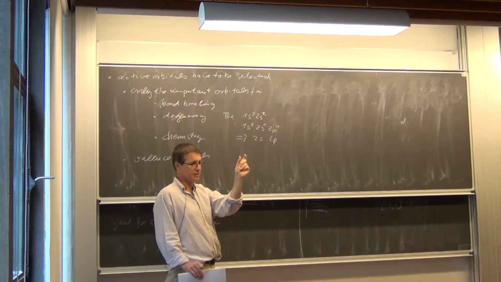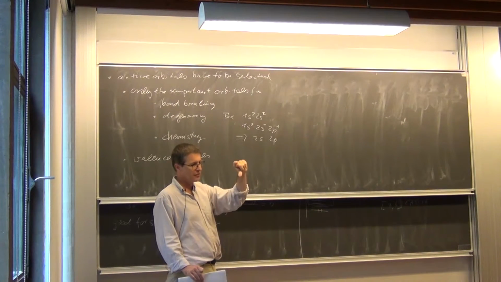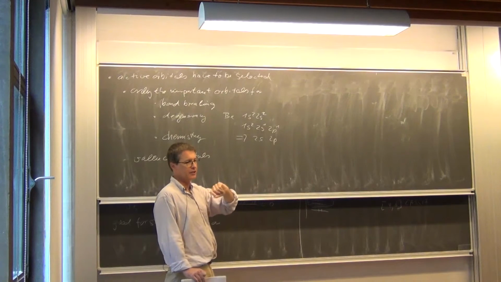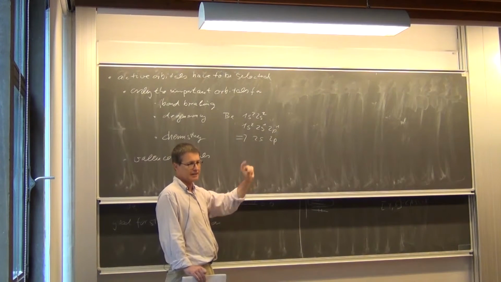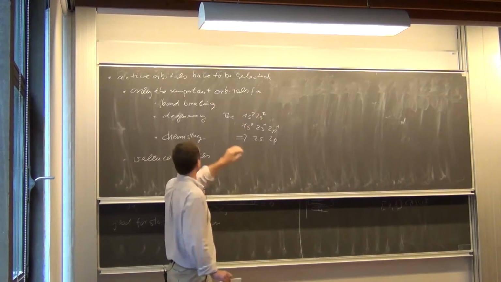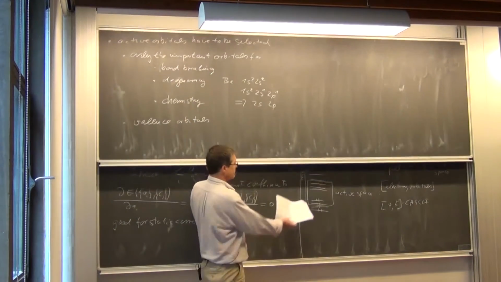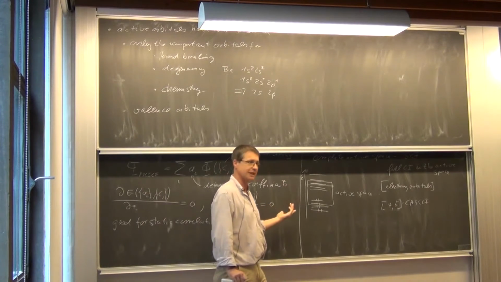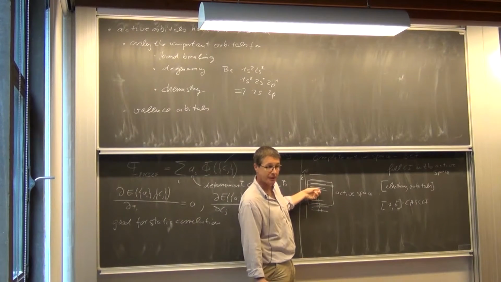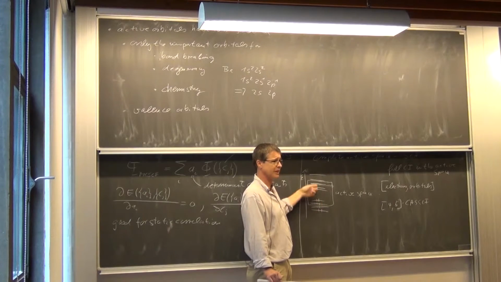That's the anti-bonding orbital. If I included both of them in my wave function, I could describe the dissociation correctly. So if you do bond breaking, think about the bonding and anti-bonding. And the anti-bonding is then hopefully, if the molecule is stable, an empty orbital. So you want to include those.